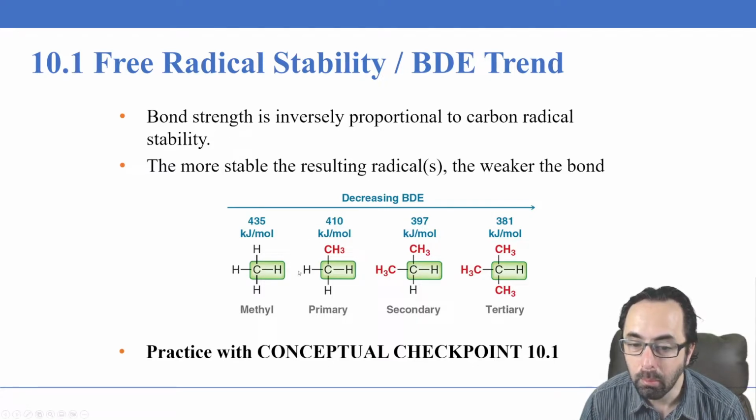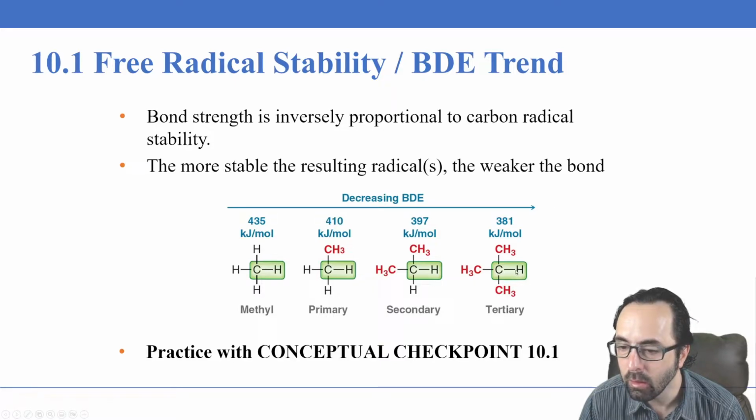Similarly, the bond strength here depends on how stable the ultimate radical will be. So for example, if we're going to break this carbon-hydrogen bond here, the resulting radical would have an electron on this carbon, which is tertiary.